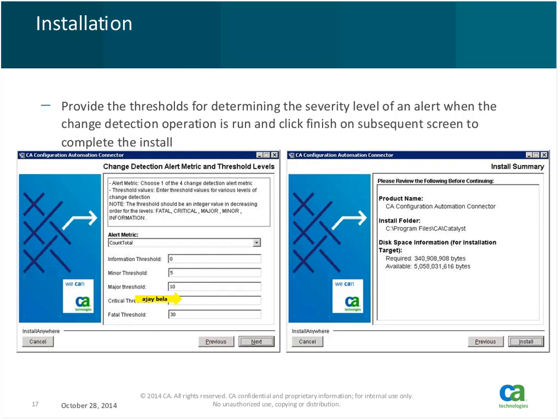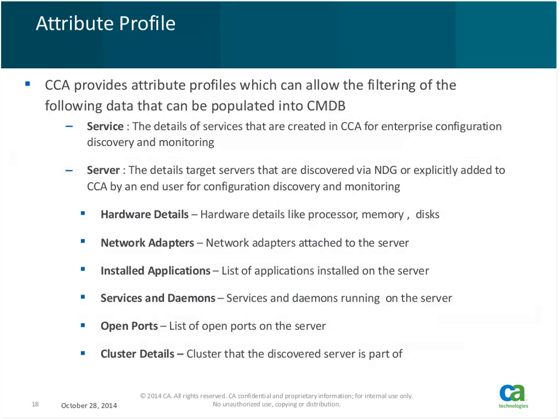AJ, a quick question, and I'm sure it's going to come up. We do the installation right here and put in these thresholds. Later on, how do we change those thresholds? If I'm a user and there's a change in support and SLA from a change detection perspective, would I need to do the installation again, or can I go to a properties file and make a change?